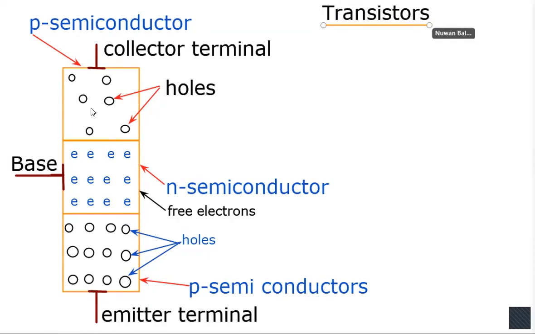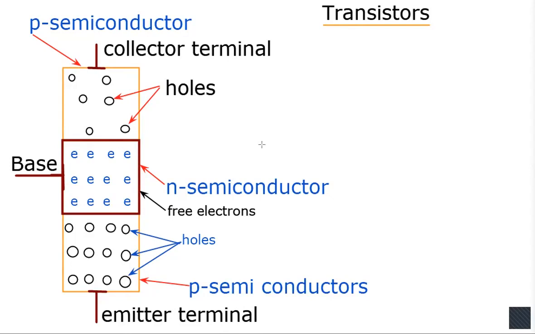So if you consider only the P section and N section, what is it there? If you consider this first one and second one, you know the name. If you consider the P semiconductor section and this N semiconductor section, it has a name. If you connect the P semiconductor and N semiconductor together, what is it called?